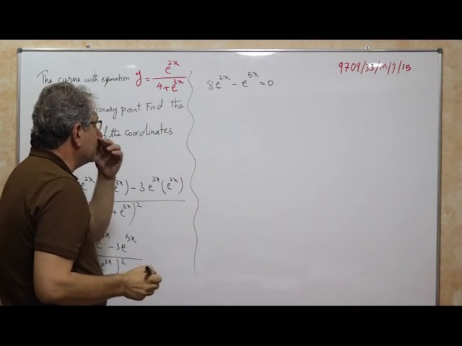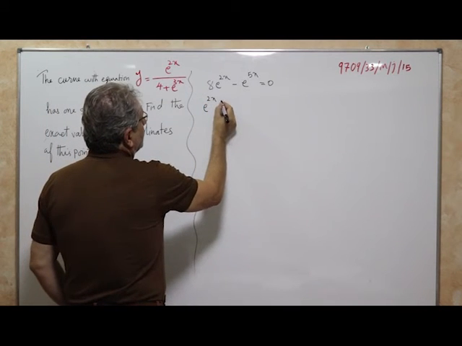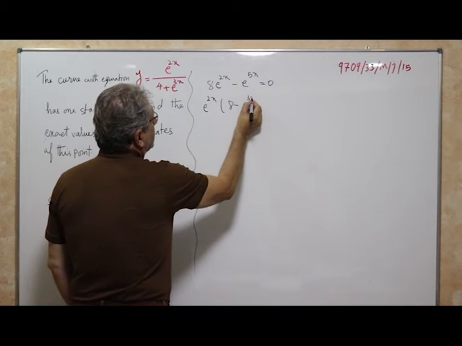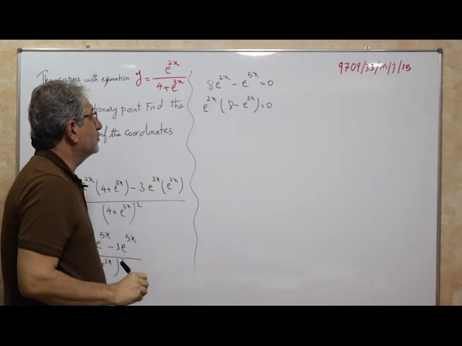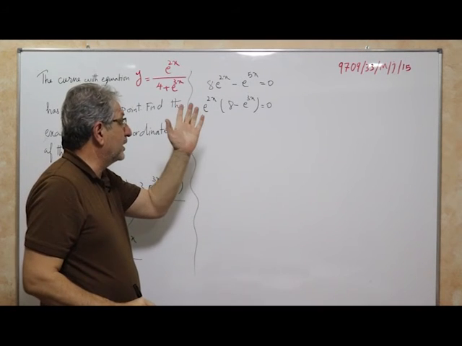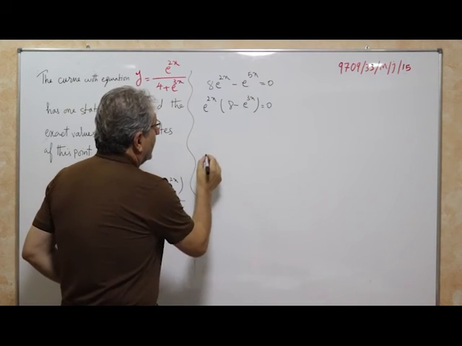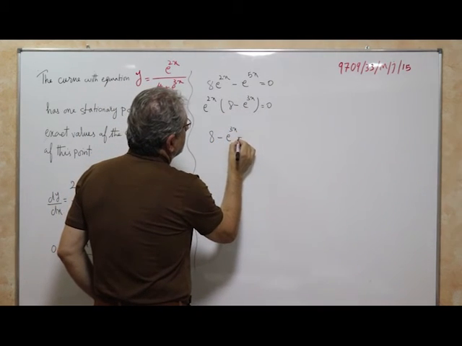Now we can factorize e to the power of 2x. If you factorize e to the power of 2x, I get 8 minus e to the power of 3x is equal to 0. We know that e to the power of 2x is always positive, it cannot be 0 and cannot be negative. Therefore this cannot be 0, so 8 minus e to the power of 3x is 0.